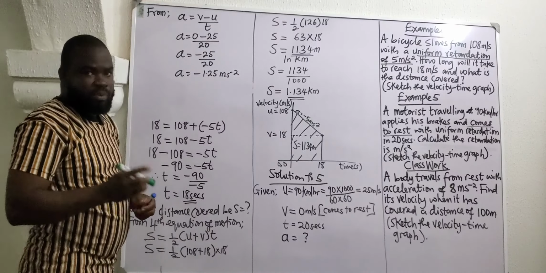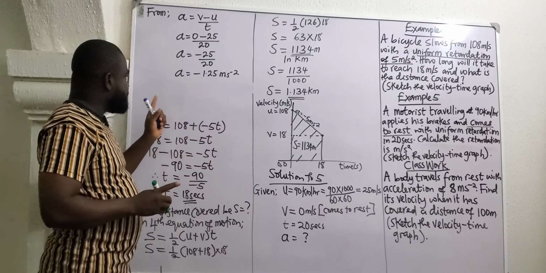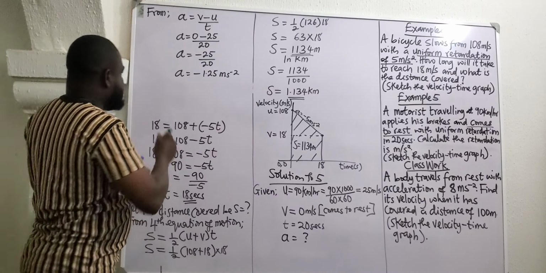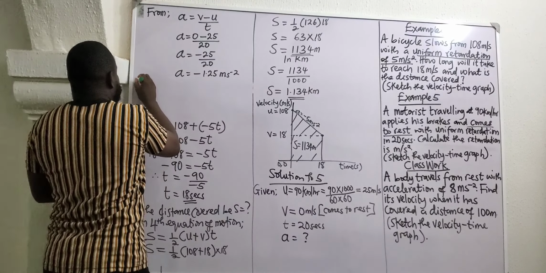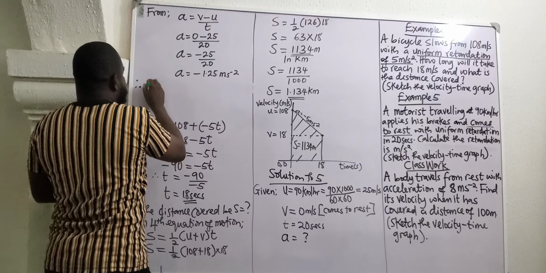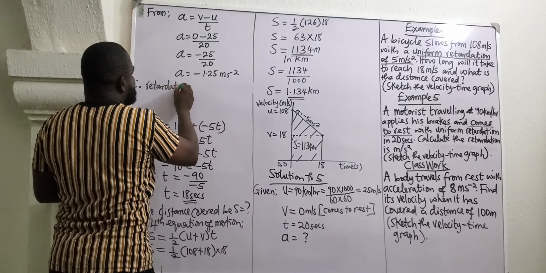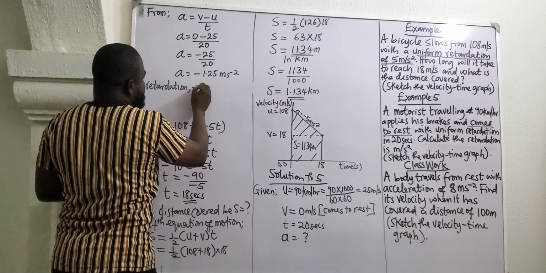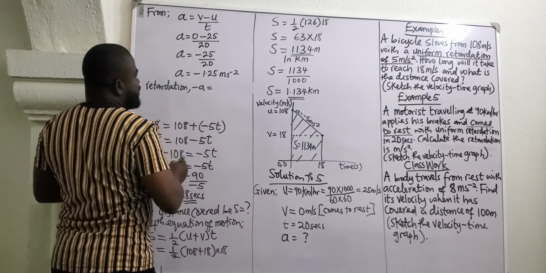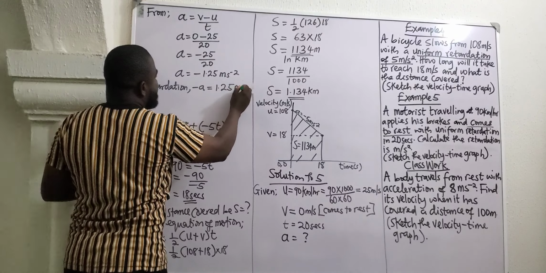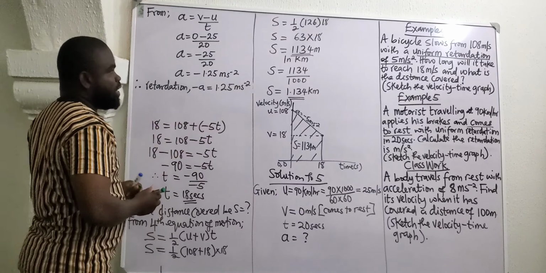Now, this is the preferred way I want you to express retardation anytime you are asked to look for it. You will say, therefore, retardation, minus A, equals 1.25 meter per second squared. Why is this so?